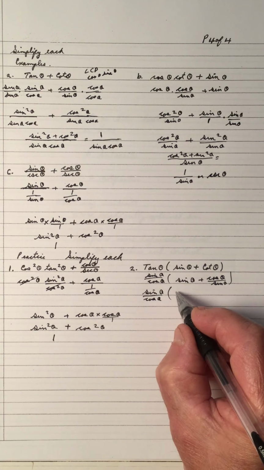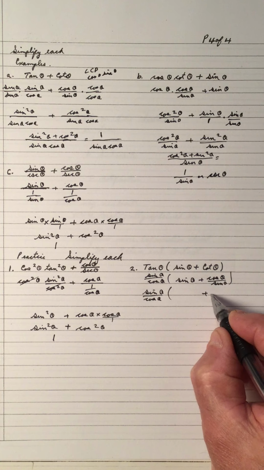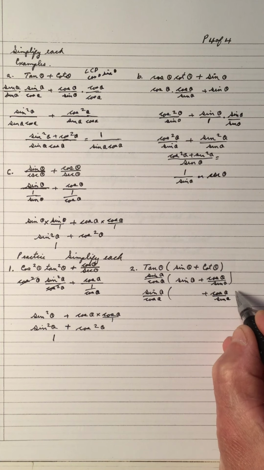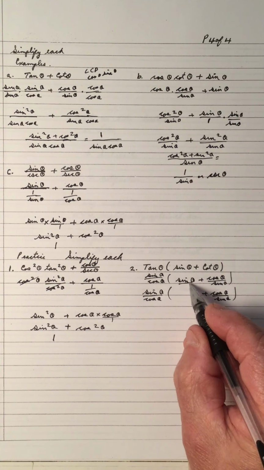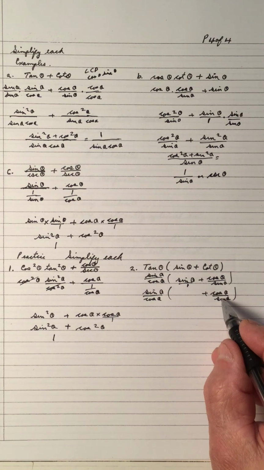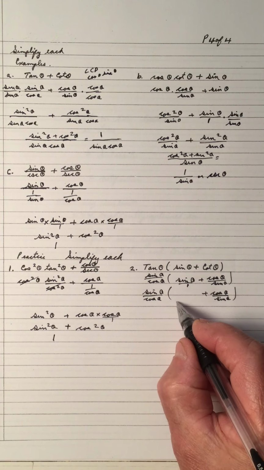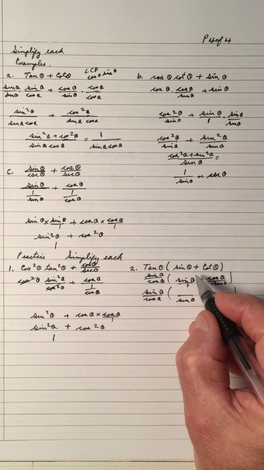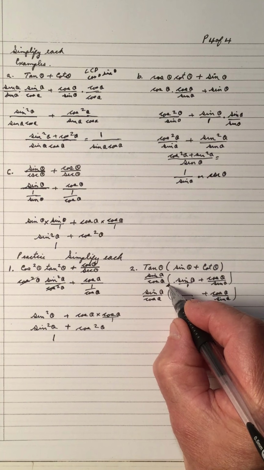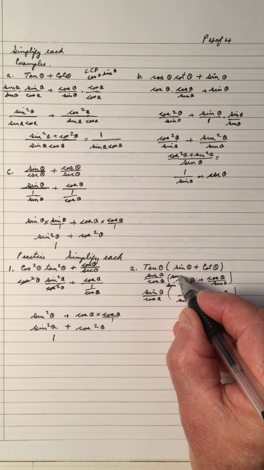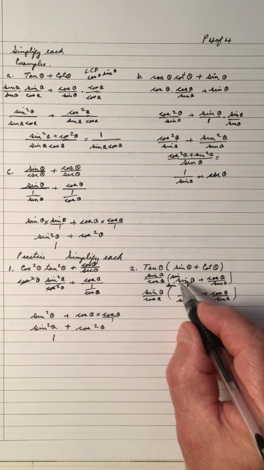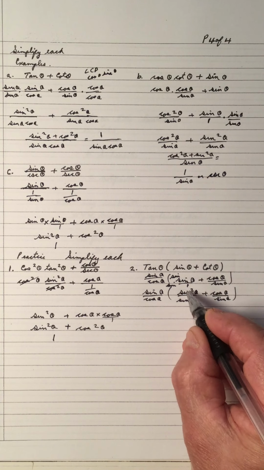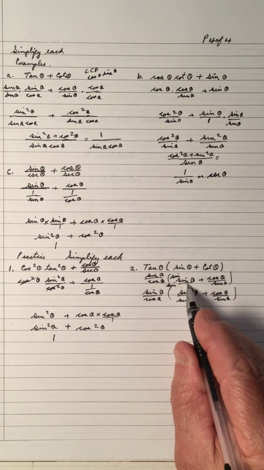I'm adding fractions, so this is cos and sine. So this is over 1. So I need a denominator I'm adding, so denominator got to be sine. So I have to multiply this fraction right here by sine over sine. So sine times 1 is sine. Sine times sine is sine squared. I need a denominator of sine.